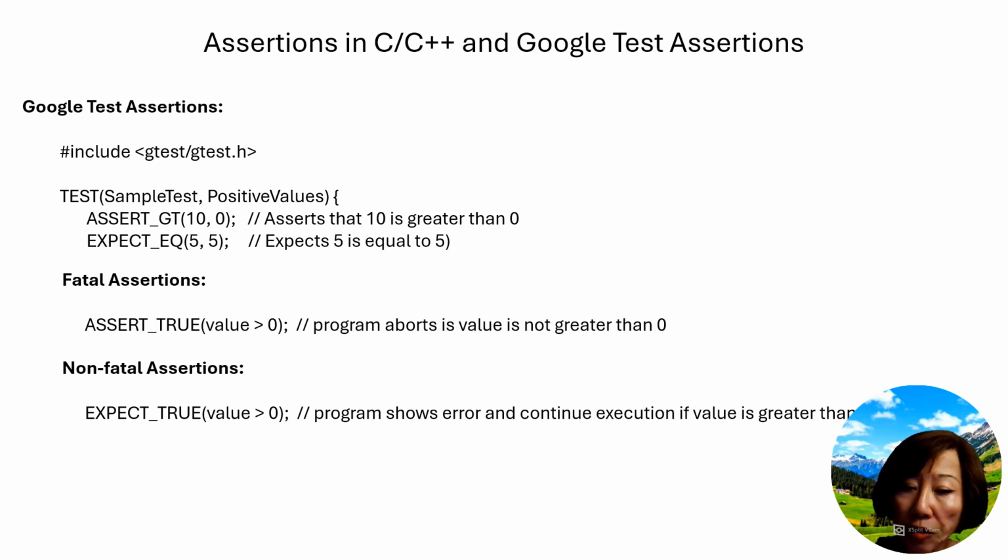Now, if you want to use expect, the program will show you an error if the value is not greater than 0, but the program will not stop. So this is the difference: fatal assertion and non-fatal assertion.